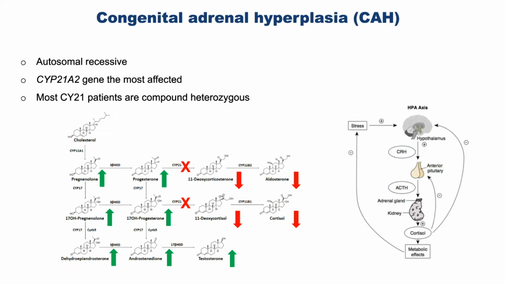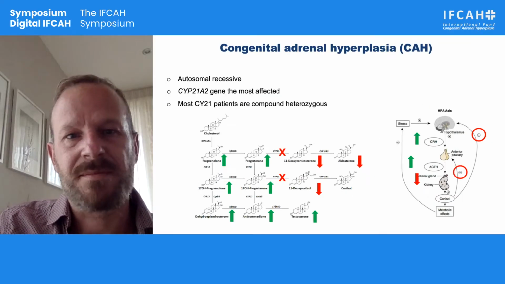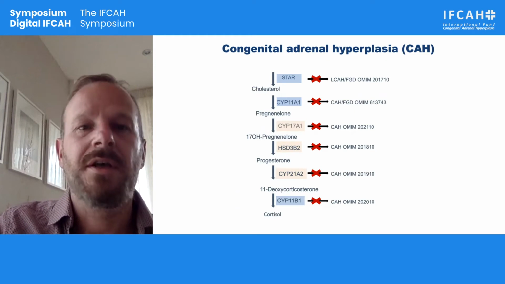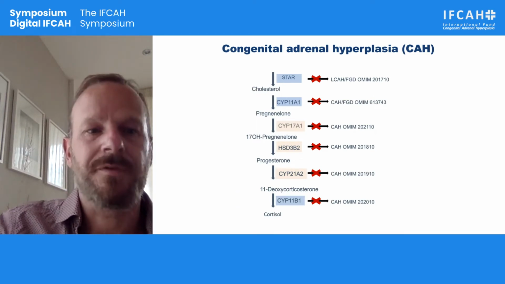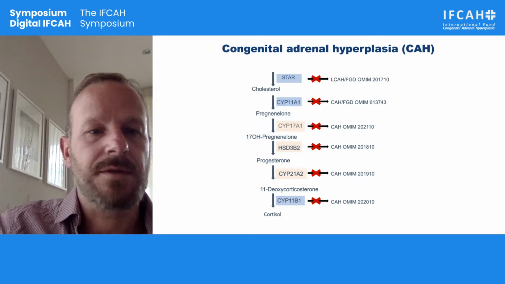And it is the low cortisol that results in negative feedback inhibition within the hypothalamic-pituitary-adrenal axis, resulting in a compensatory increase of CRH and especially ACTH, leading to hypertrophy of the gland.